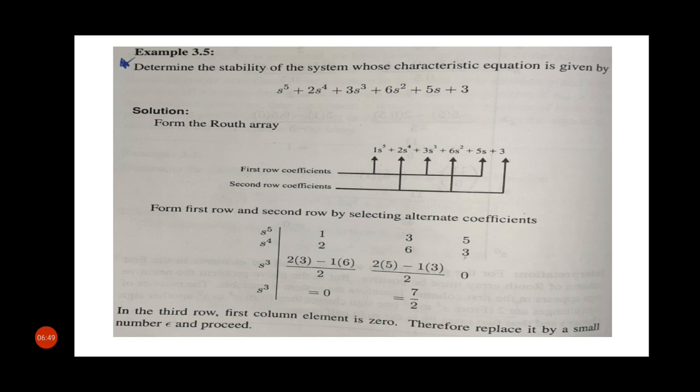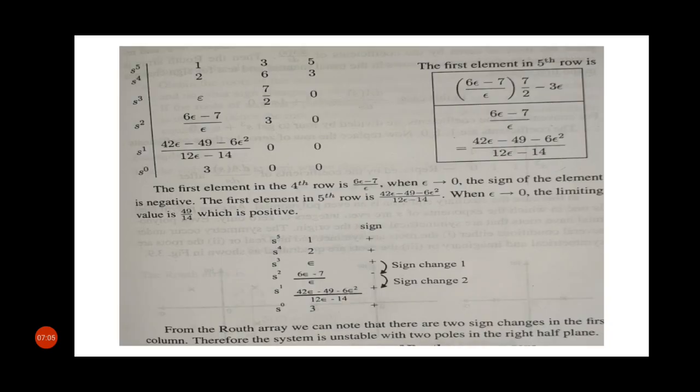Now we replace this 0 by epsilon, and again form the Routh array. See, after forming the Routh array by replacing 0 by epsilon.